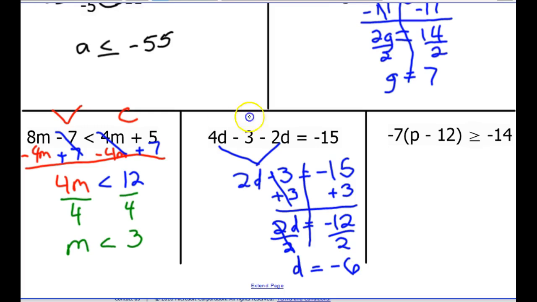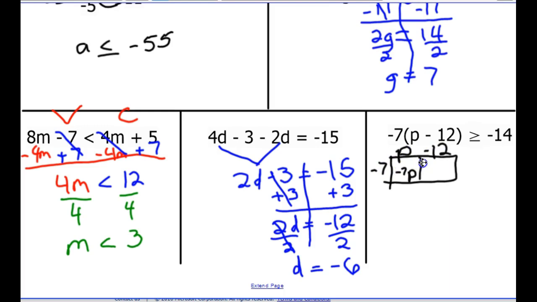Alright, our next problem, we have parentheses and a number outside of those parentheses. So remember, that means to distribute. So what we're going to do then is we're going to draw our box. We have negative 7 out in front because it's out in front of our parentheses, and p minus 12 on top. So negative 7 times p is negative 7p.